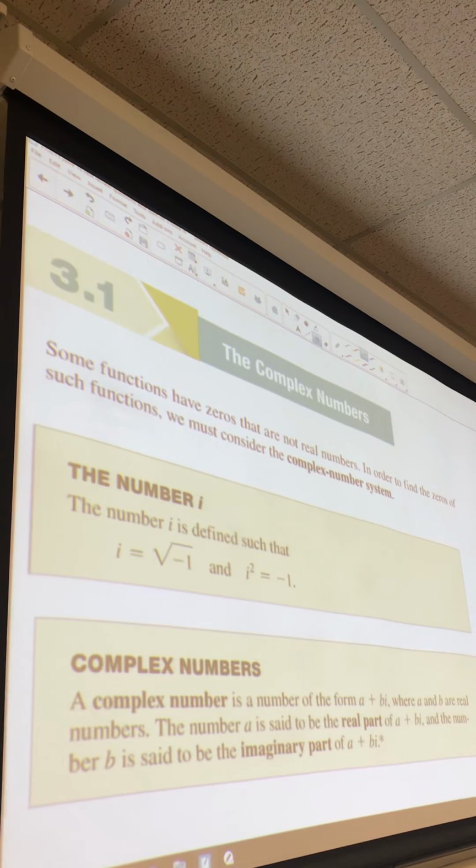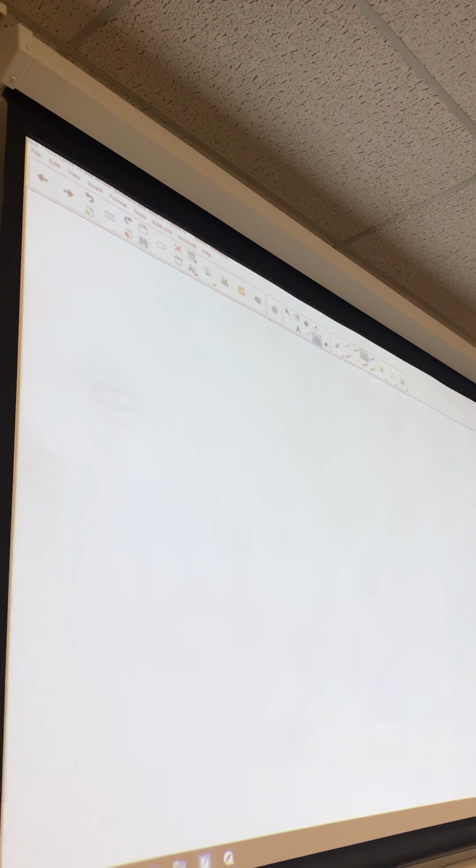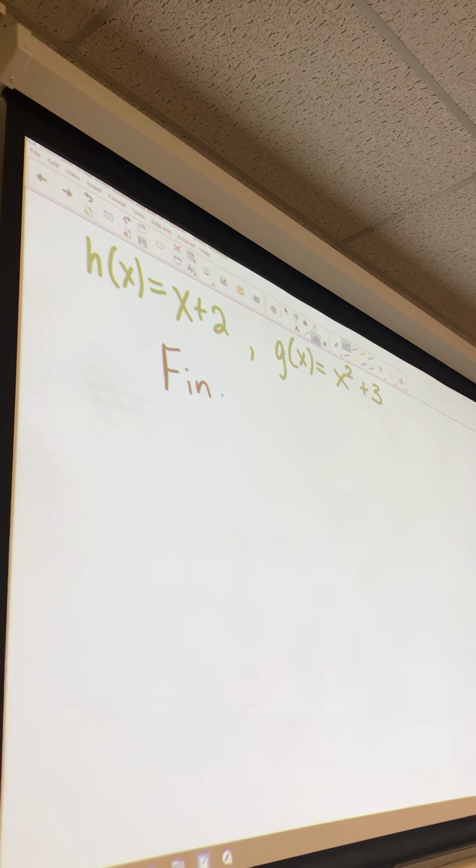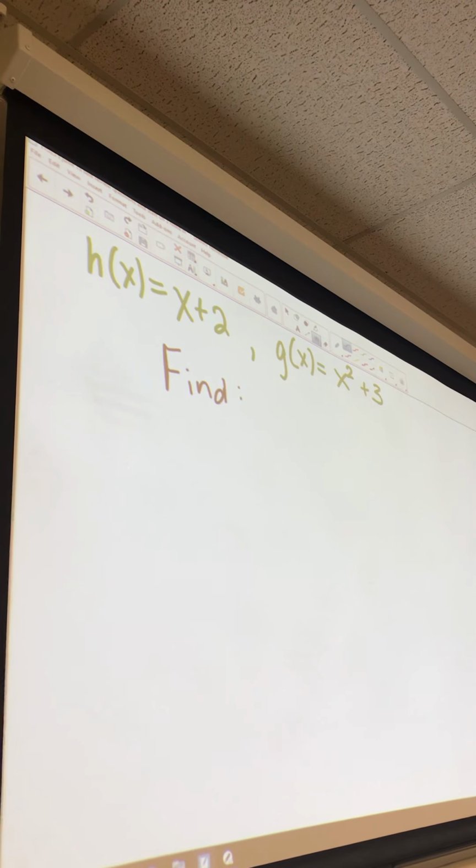the square would be like the first example that you gave us, it's like, h of x is equal to x plus 2, and g of x is equal to x squared plus 3. Okay, and what is it that we want to find? What is it asking us to do? Just like h of g of x, or g of h of x, or a number?